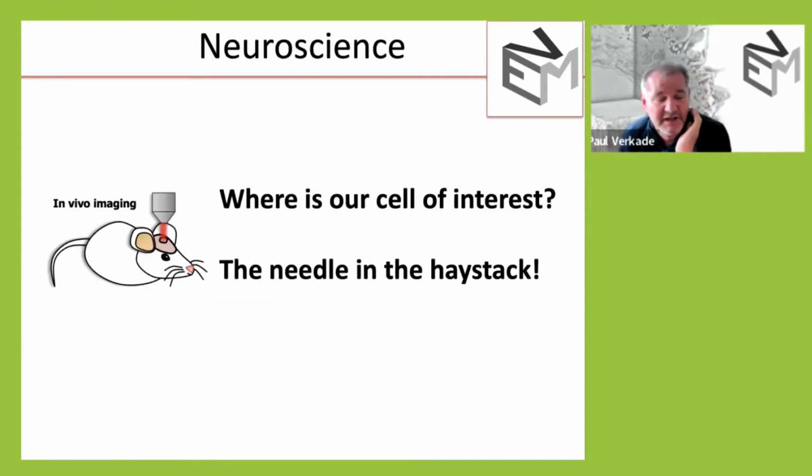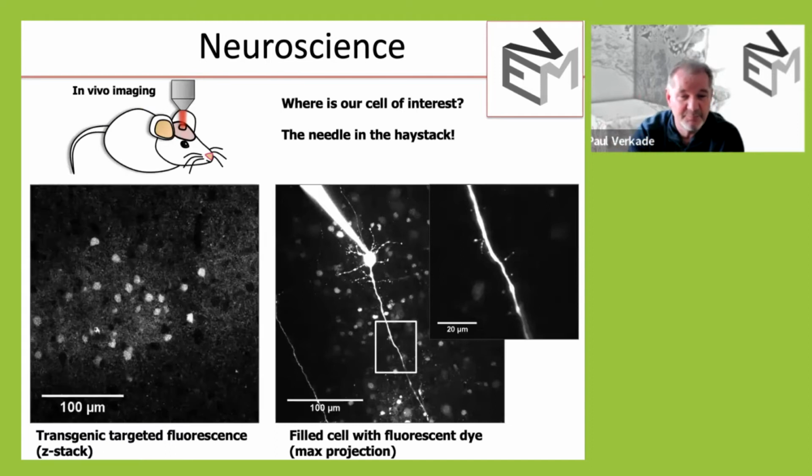The next project is even more challenging in that sense, because we're looking at single cells inside a brain. And this is really the needle in the haystack problem. How do you trace that? So we want to see a specific neuron inside the brain.